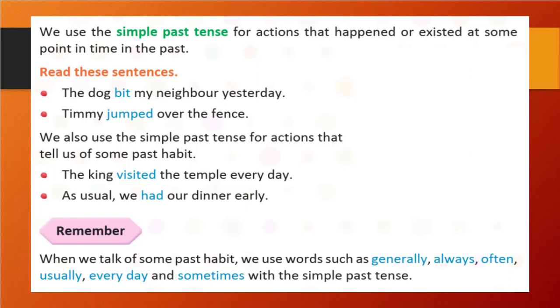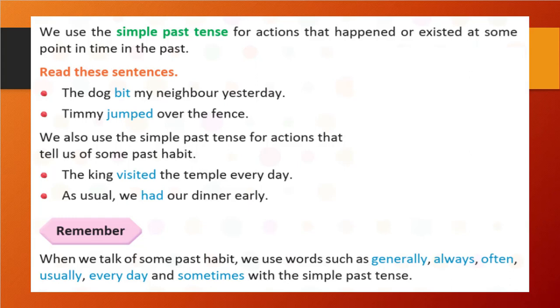So this point we should remember: whenever we show some past habit, in the sentence, while making the simple past tense, we will use all the blue color words, that is generally, always, often, usually, every day, sometimes within a sentence. Okay, we use this kind of word.